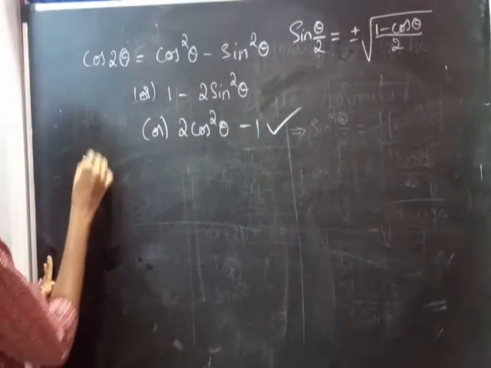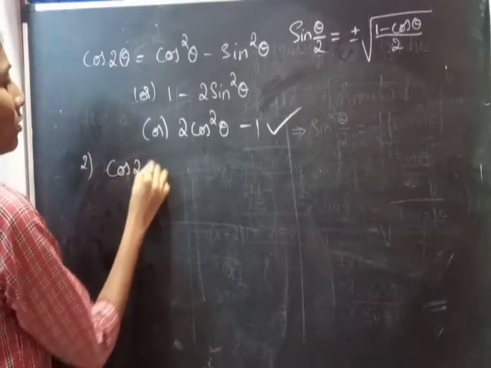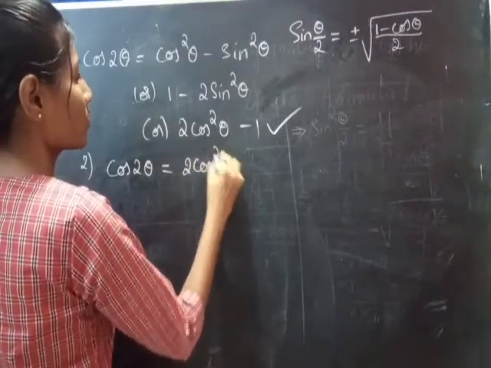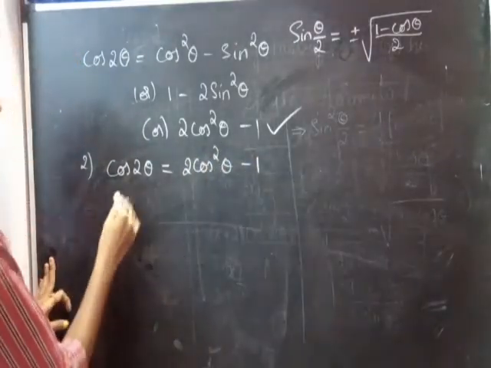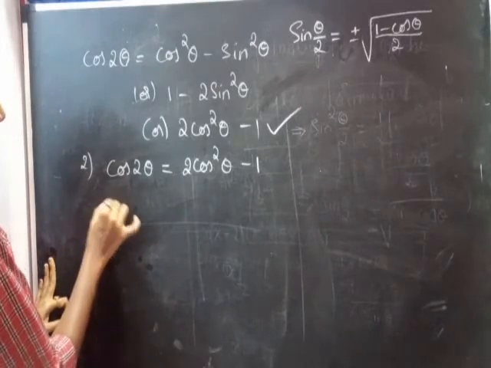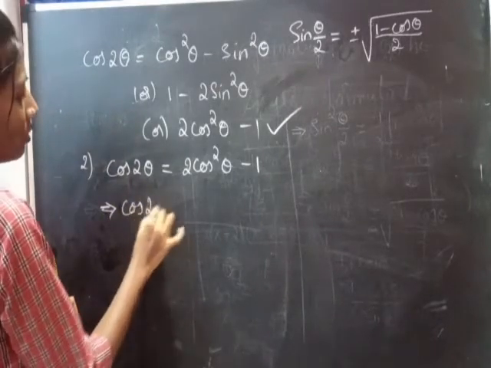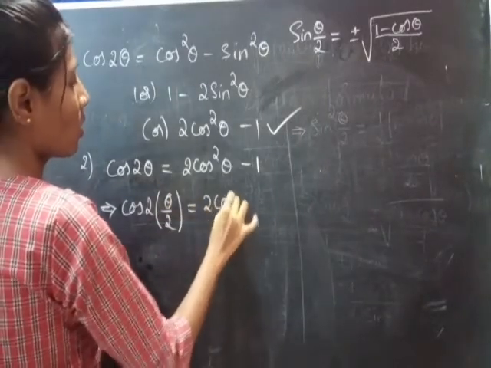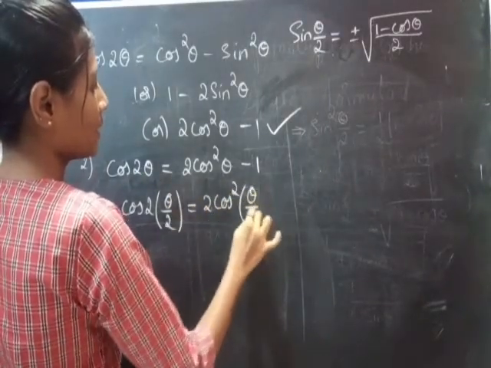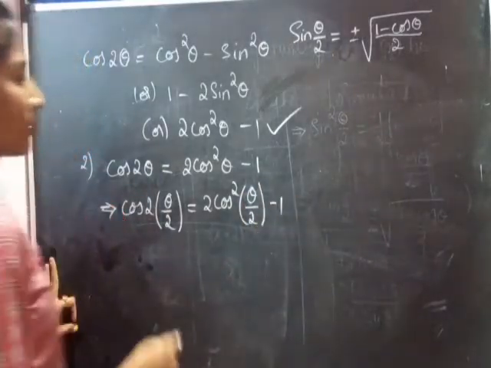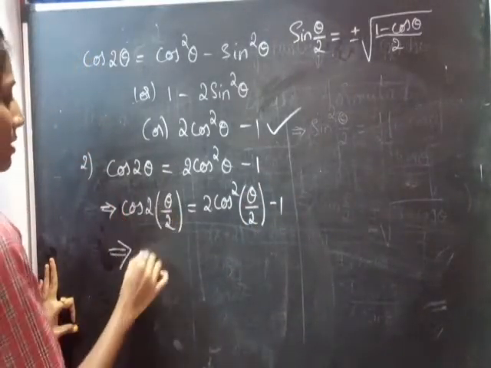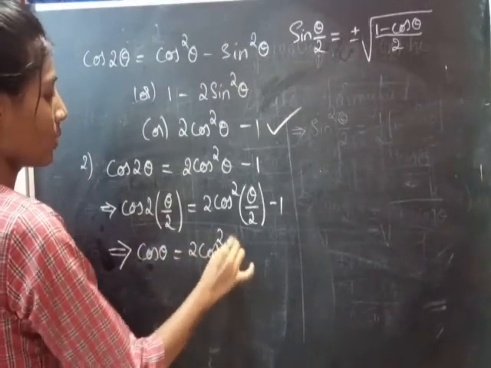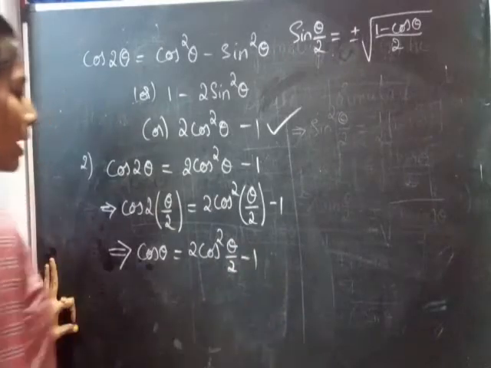So we have cos 2 theta is equal to 2 cos square theta minus 1. Again replace theta with theta by 2. Cos 2 into theta by 2 is equal to 2 cos square theta by 2 minus 1. So this implies cos theta is equal to 2 cos square theta by 2 minus 1.